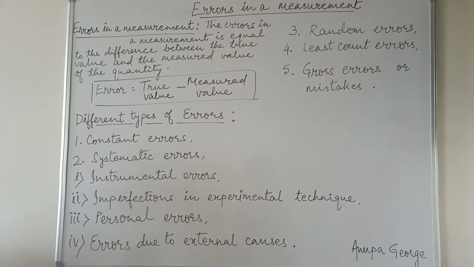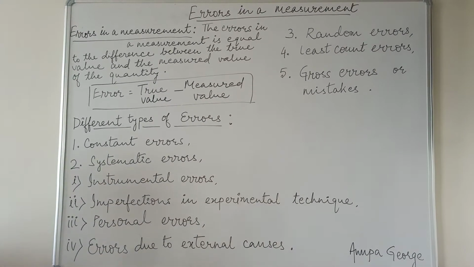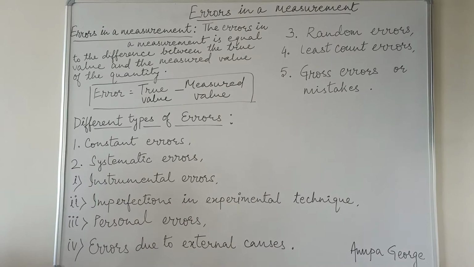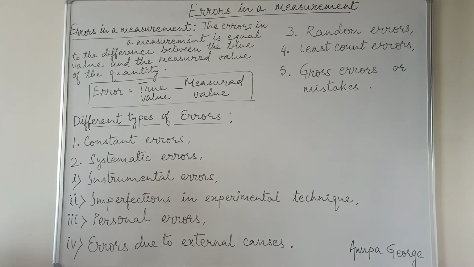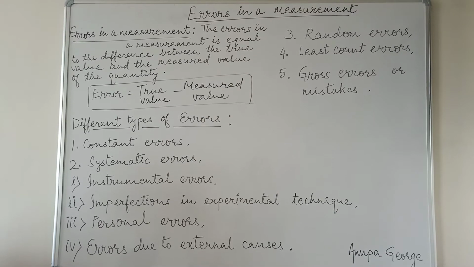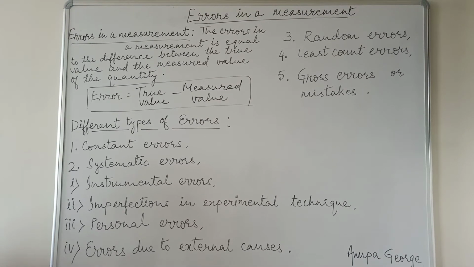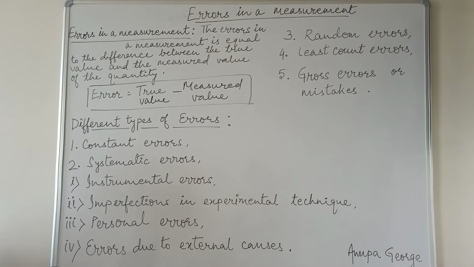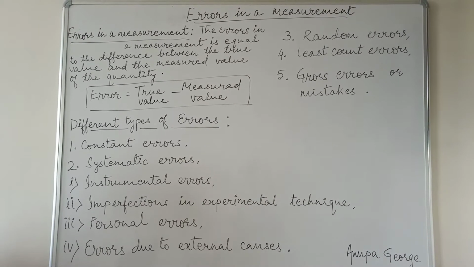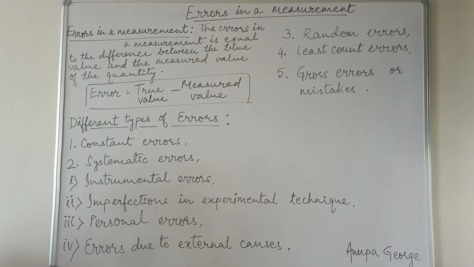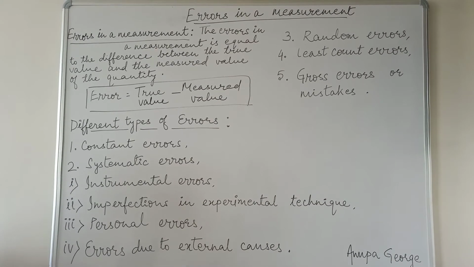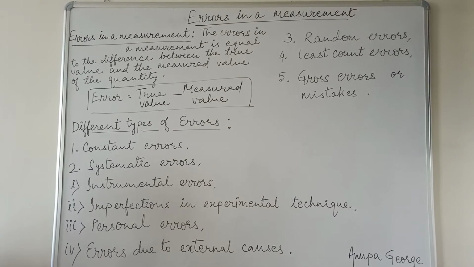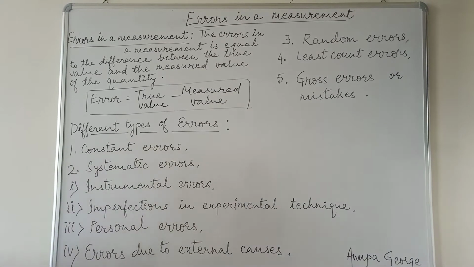For example, error due to radiation loss in calorimetric experiments, error due to buoyancy of air when we weigh a body in air. Such errors cannot be eliminated altogether, but necessary corrections can be applied for them.